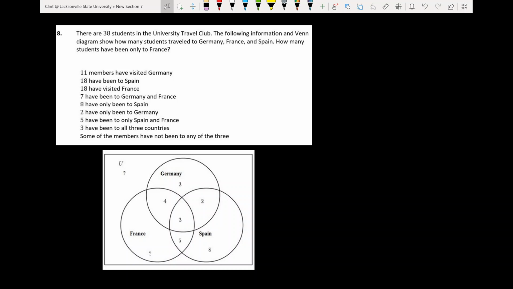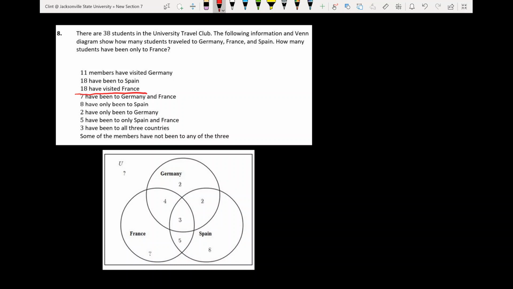So we're trying to figure out how many students have been only to France. So only to France will be this part out here. So we got to figure out that last part of our France circle. It also tells us that a total of 18 students have visited France. So we can subtract to find this answer. We got to have a total of 18 in the France circle.